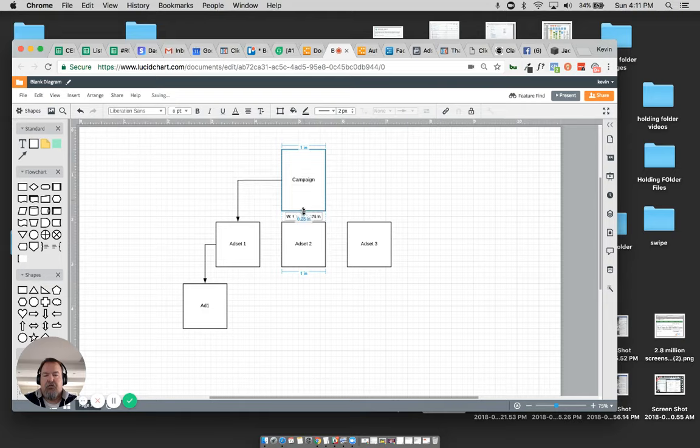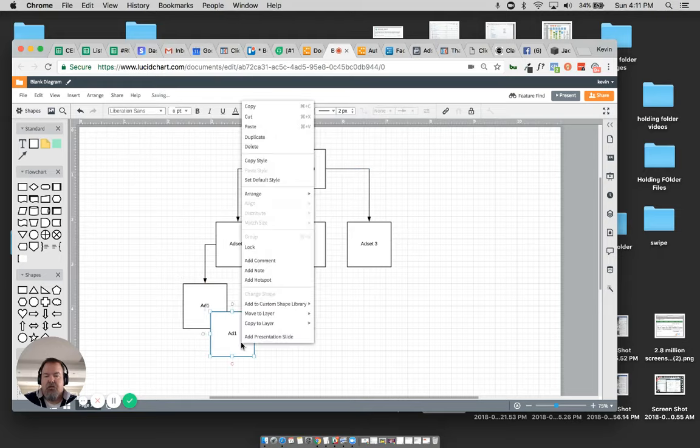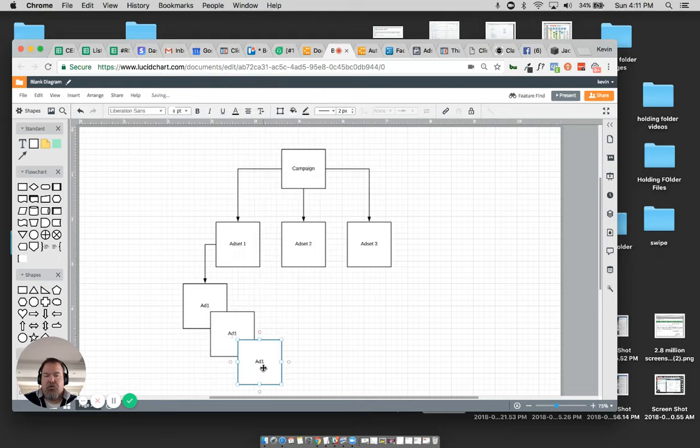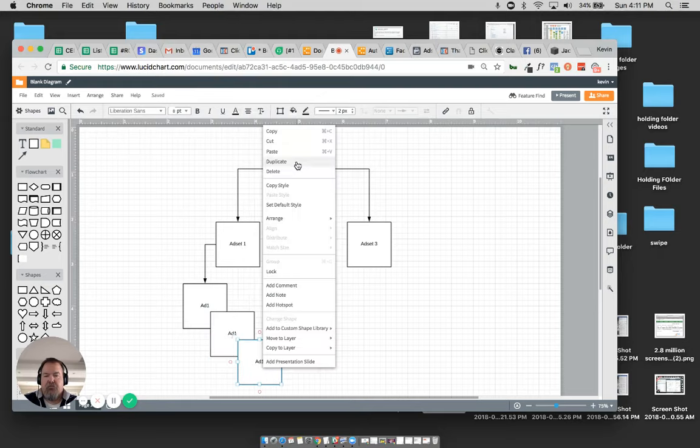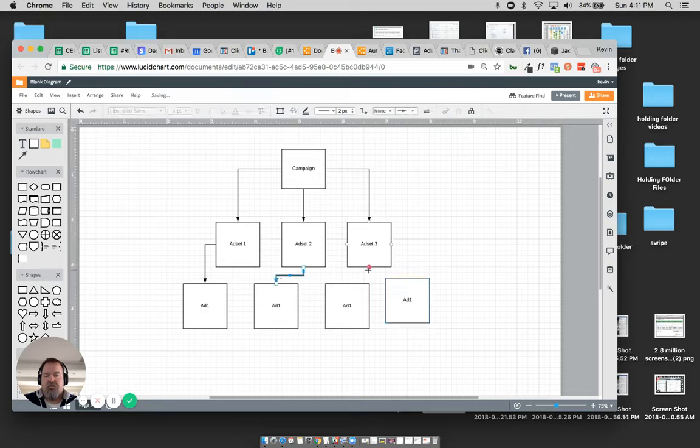Okay, there we go. I'm not a pro at this, but I can duplicate. I'm sure there's some sort of hotkey for this that I don't know, but so on and so forth. And you have a bunch of ads underneath the ad sets.